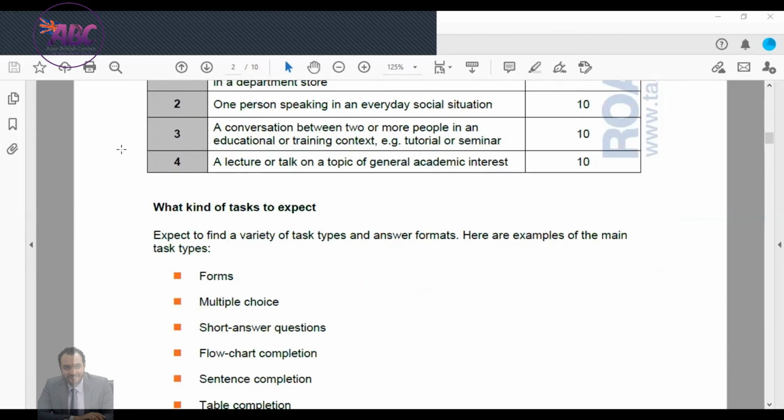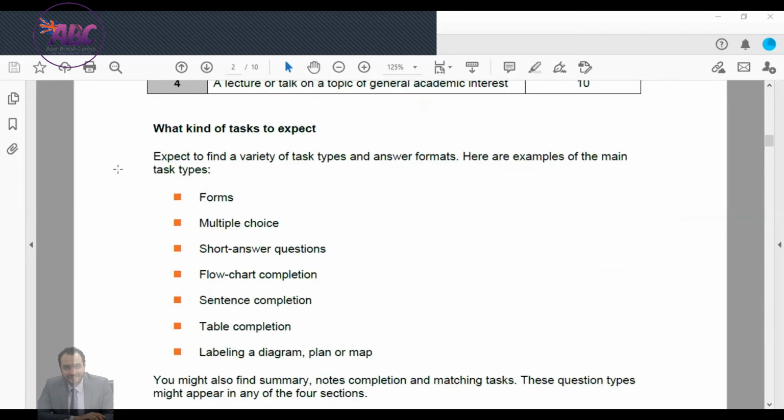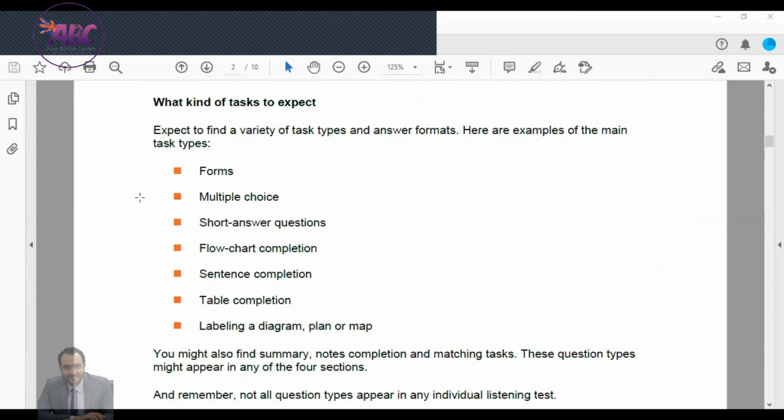You should expect filling forms, multiple choice questions, short answer questions, flowchart completion, sentence completion, table completion, and labeling a diagram, plan, or map. These questions come regularly, so pay attention to this kind of question because it's very, very important: labeling a diagram, plan, or map.